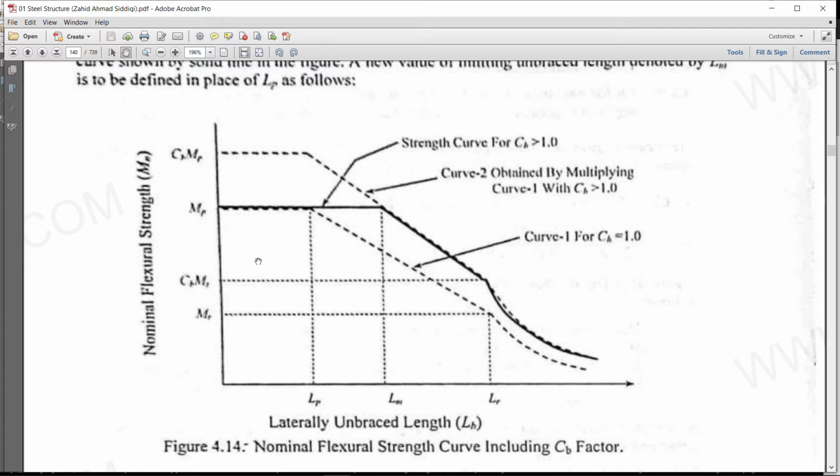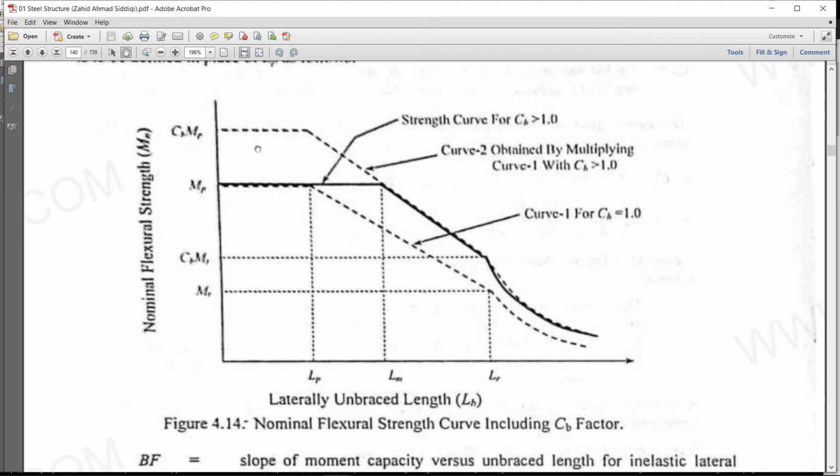What it will do is increase the moment capacity of the section. So here is the Mr, and that will become Cb Mr. Just in the moment capacity we will multiply by the factor Cb. So a new curve is formed here, the dotted line, and due to the modification, if Cb is present, then we will use the limiting line, that is Lm.